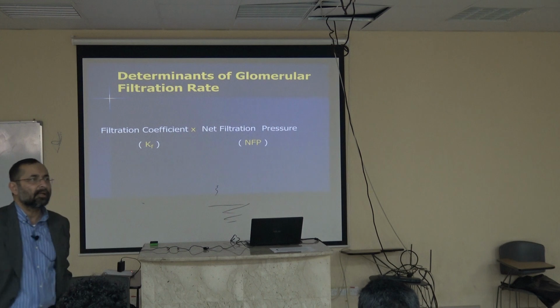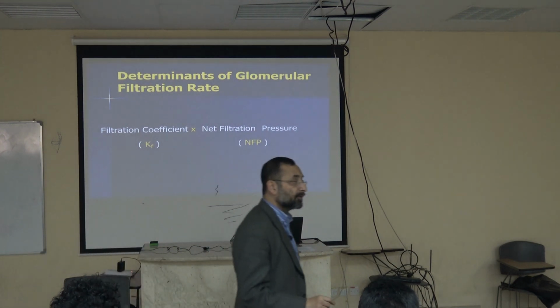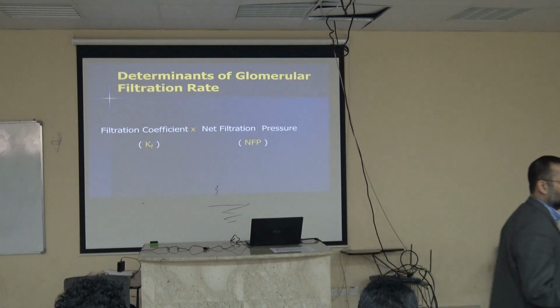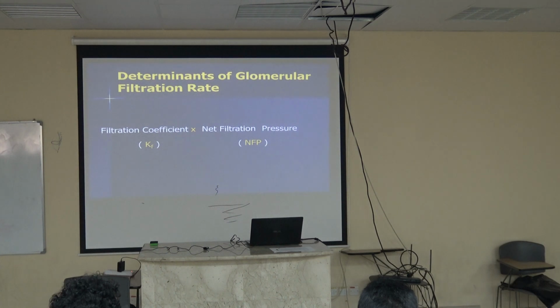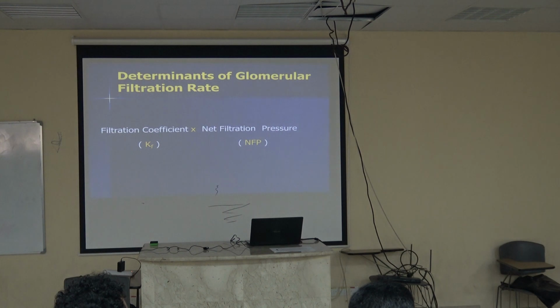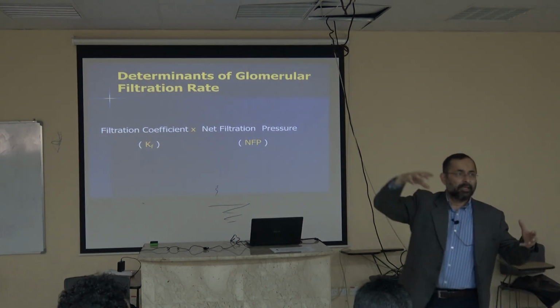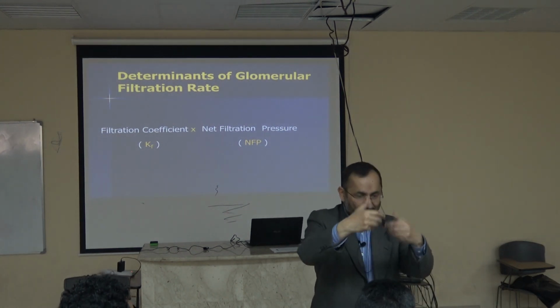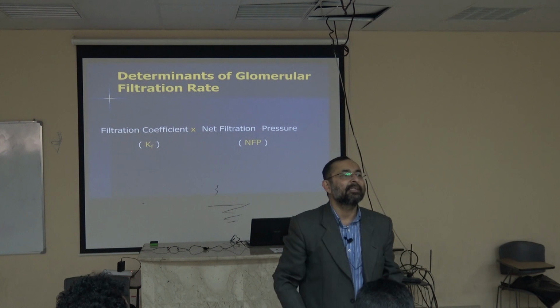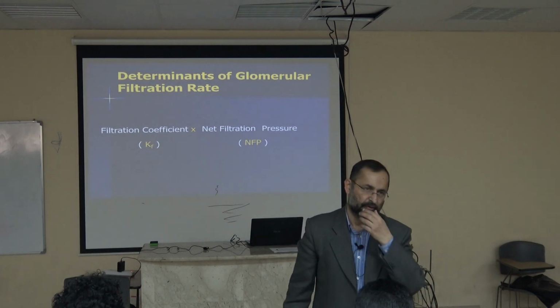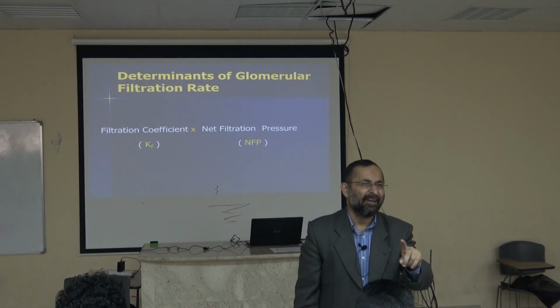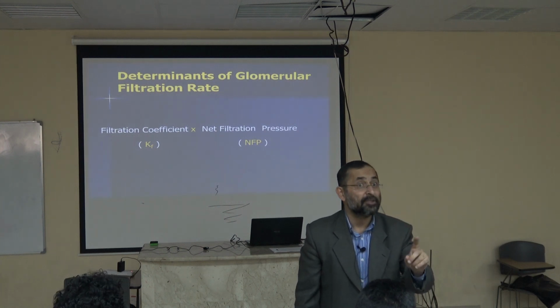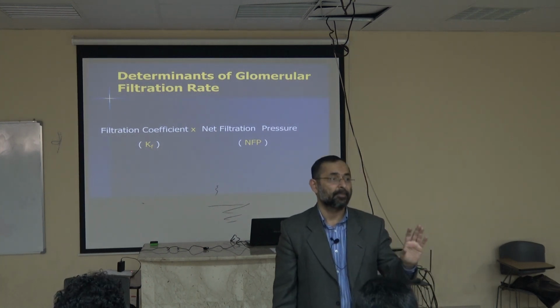One determinant is called the filtration coefficient, written as Kf. And the second one is filtration pressure. These two determinants are producing the GFR, the filtration.